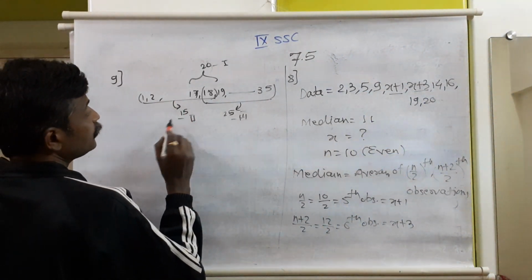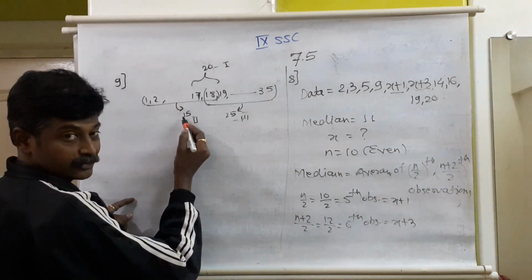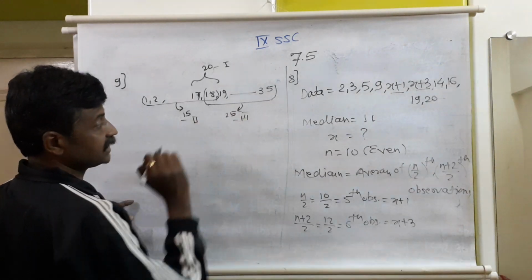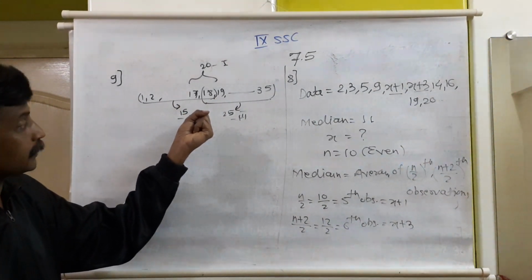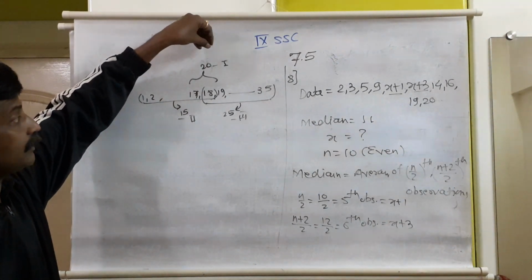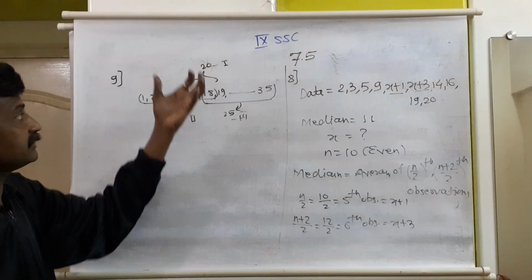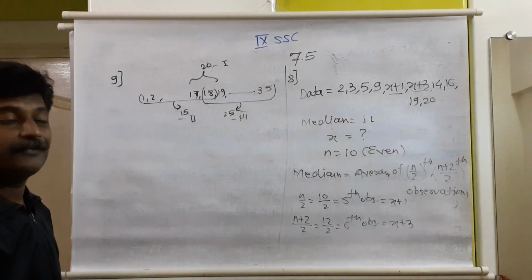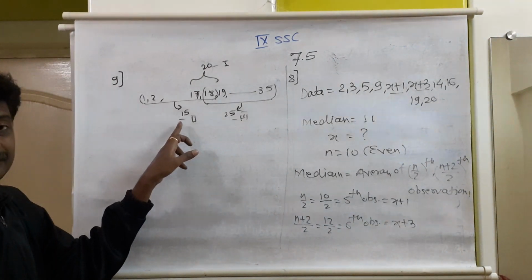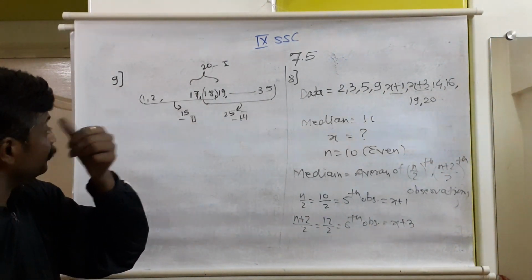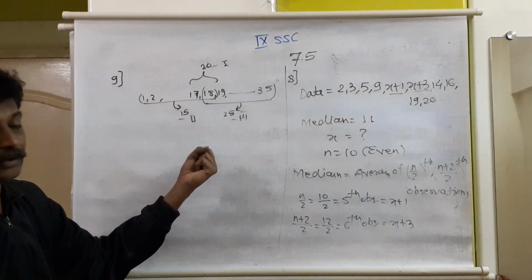Now here, if you observe, this 18th observation is counted during this calculation, and it is counted during this calculation also. If we combine these together, we will not get the mean of all, because one observation is counted double, in this as well as in this. So if we find the sum of the first 18 observations by this mean, then the sum of the last 18 observations by this mean, and if we add them, what will happen?